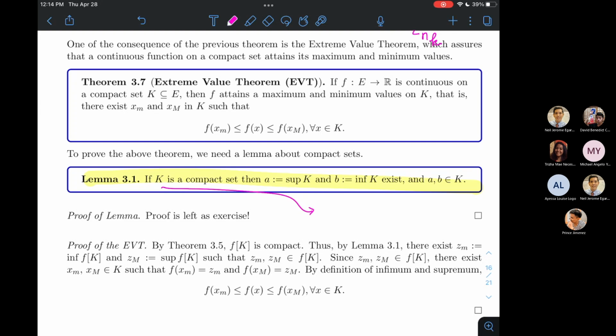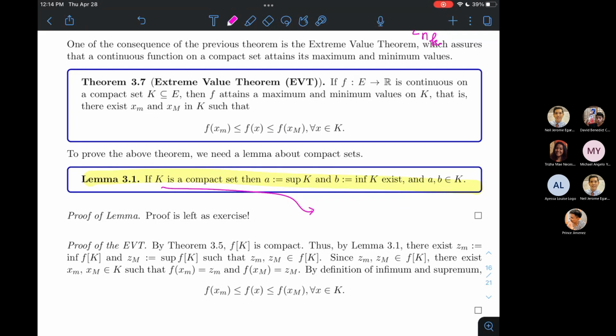So, okay, ang gagawin ko, magko-consider ako ng isang monotonically increasing sequence sa loob ni K. Dahil si K ay bounded, ibig sabihin yung monotonic increasing sequence na yon will converge by the monotonic convergence theorem.